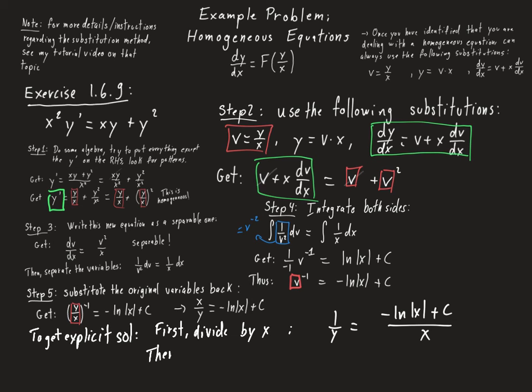And then, very simply, flip both fractions. And doing so will give us our final explicit solution, y equals x divided by negative natural log of the absolute value of x plus c.